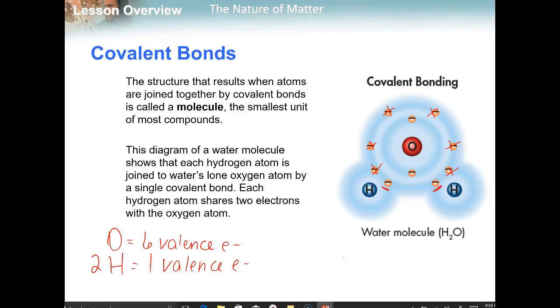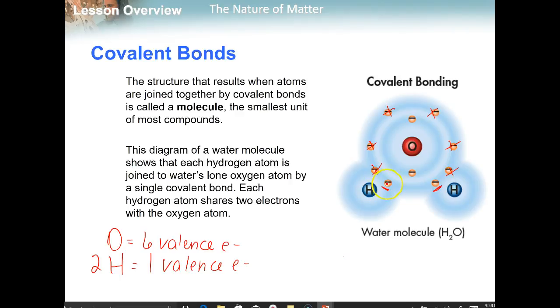The octet rule for sharing means that there's going to be 8. So this hydrogen is going to share its only electron, and this hydrogen is going to share its only electron, so that we have 1, 2, 3, 4, 5, 6, 7, 8 electrons in that outer energy level.